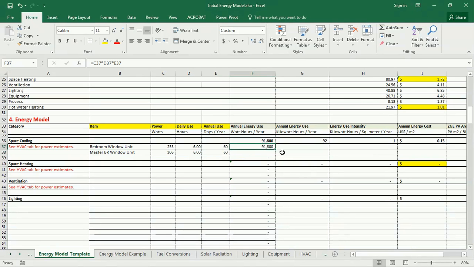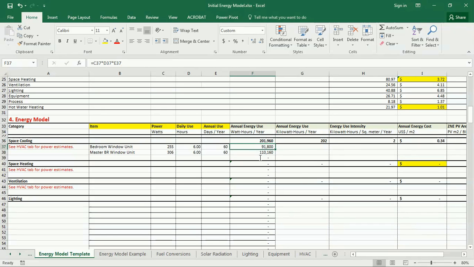So an easy way to copy this is to take this lower right hand corner, drag it down, and then make sure that this automated the correct cells by clicking up here and then seeing. So yes, it's 306 times 6 times 60 gives you this total. And then also make sure that this is summing the appropriate cells, which it is.